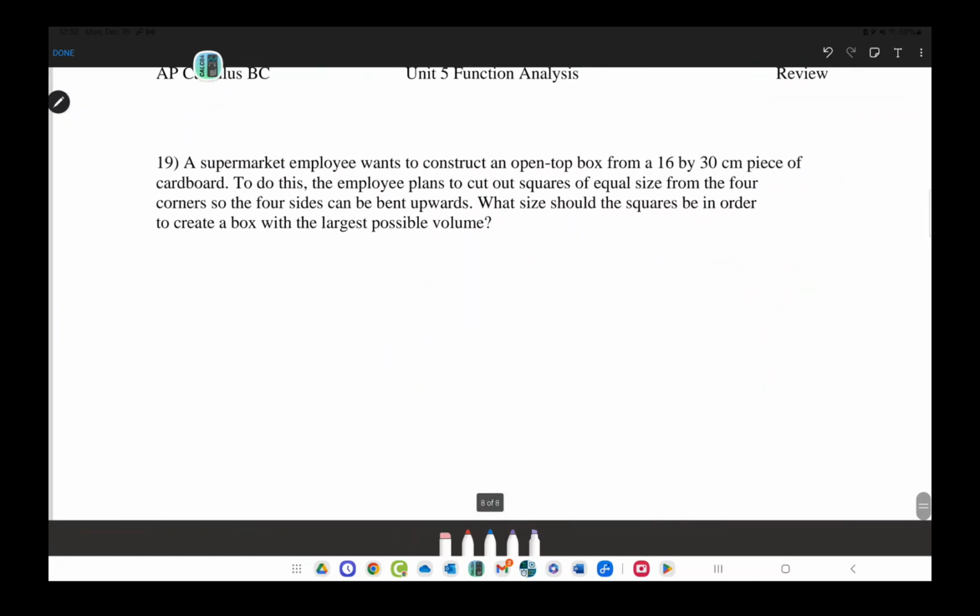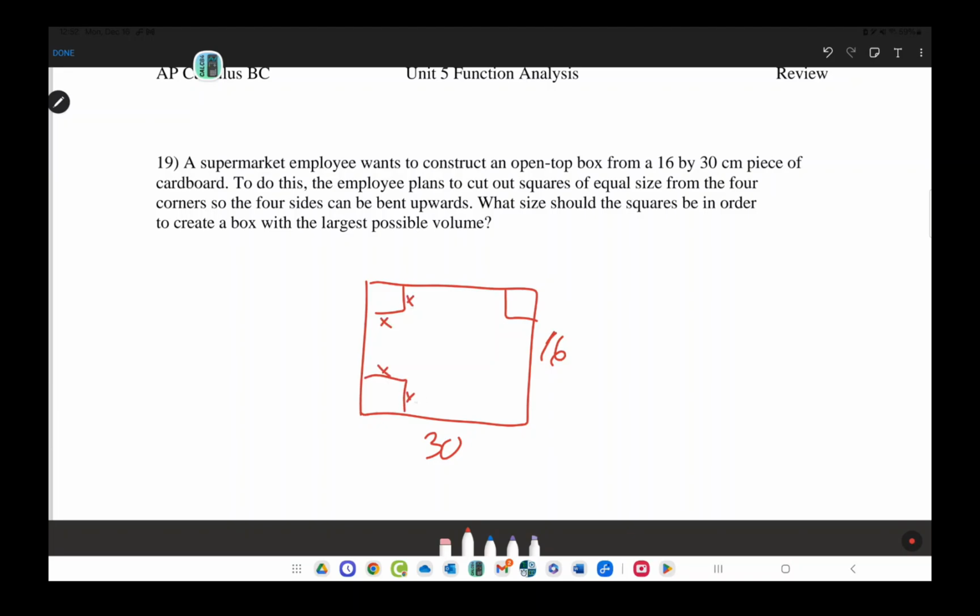All right, but these are more of your straight optimization questions. So a supermarket employee wants to construct an open top box from a 16 by 30 foot piece of cardboard. So we have 30 by 16, cutting x by x squares, same size sections, out.